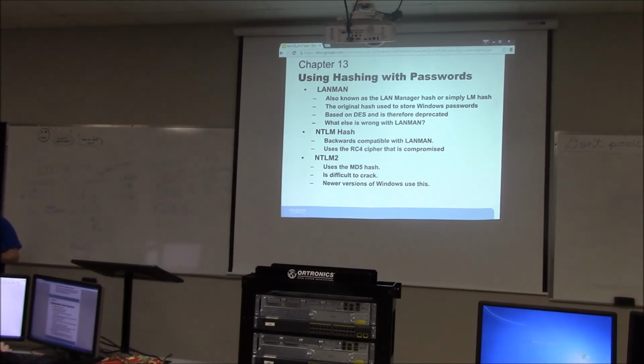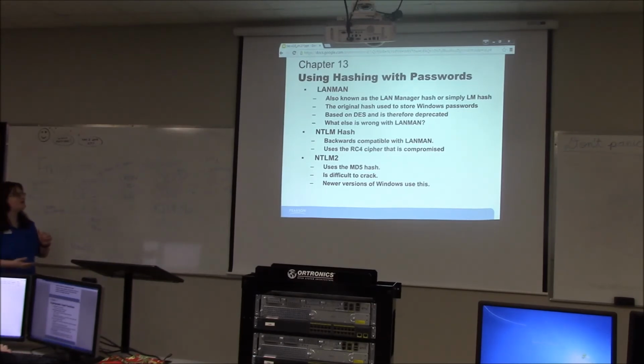So that's the problem with LANMAN: it's only upper and lowercase letters and numbers, and only 8 characters. In the process of using the LANMAN hash, they take those 8 characters and break them apart and hash them separately. So really it's only 4 characters of information you have to figure out to get close. That's why we don't use LANMAN anymore, long story short.